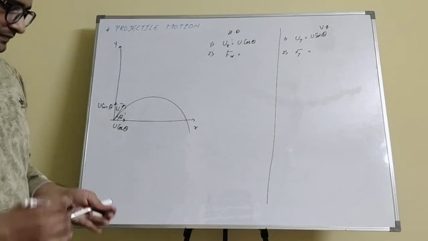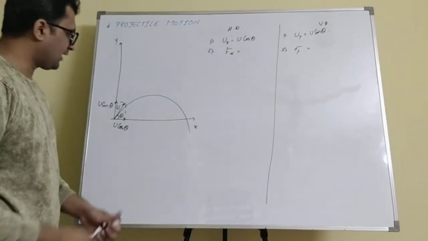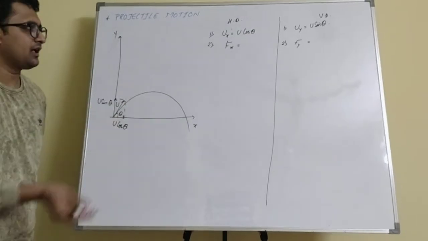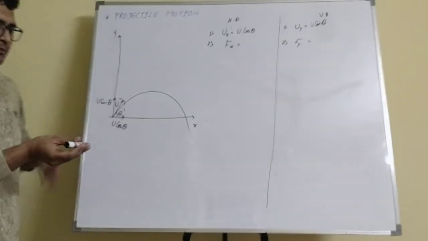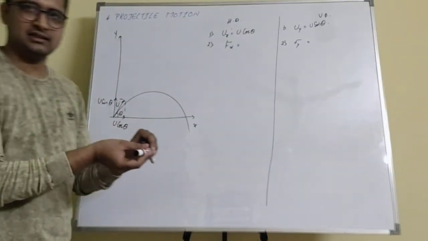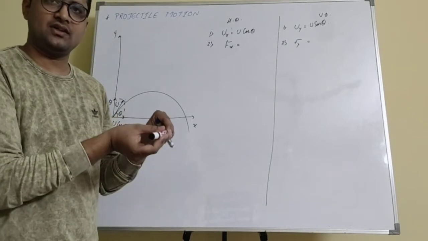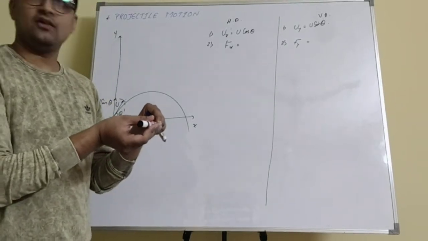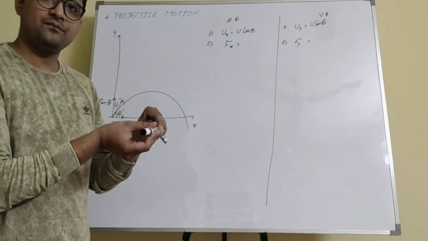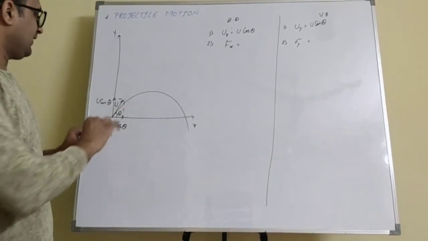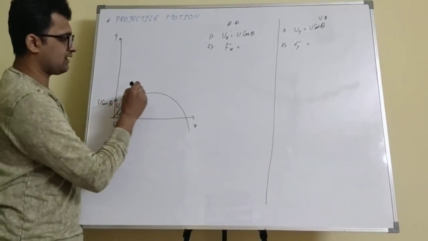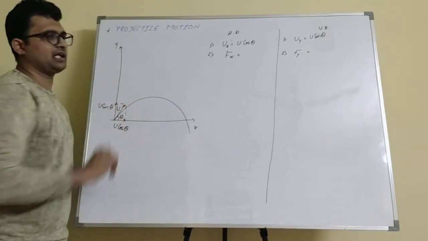Clear? Now look, when I am throwing a projectile, as soon as this projectile detaches from my hand, I am no longer applying any force to it. But when this projectile is in air, continuously gravity is acting on it.